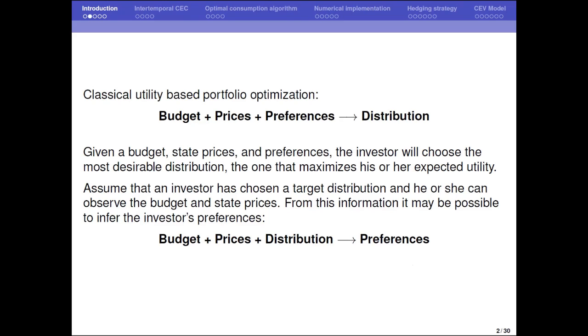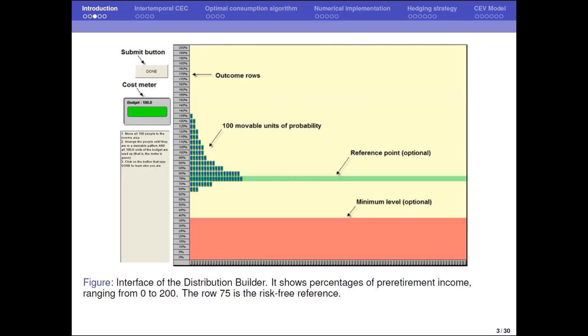So let's talk about how they did it. They did this with the approach of a retirement perspective. In the paper, they have an explanation about how this interface of the distribution builder works.